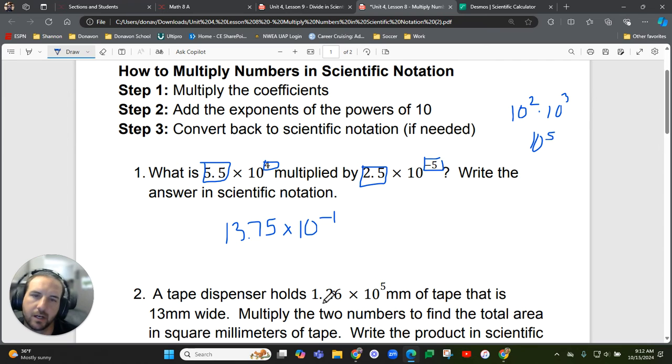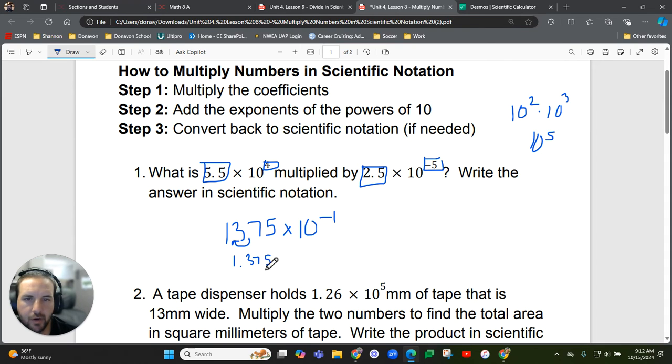Now we want to convert this number back to scientific notation. Remember you have to have a coefficient between 1 and 10, so we move the decimal place over 1, giving 1.375.